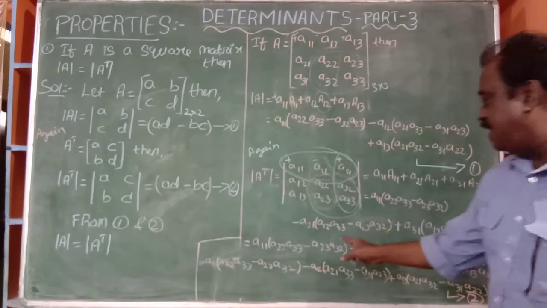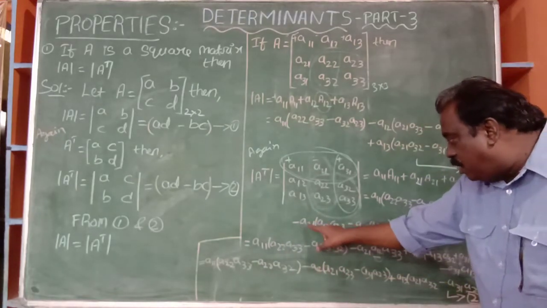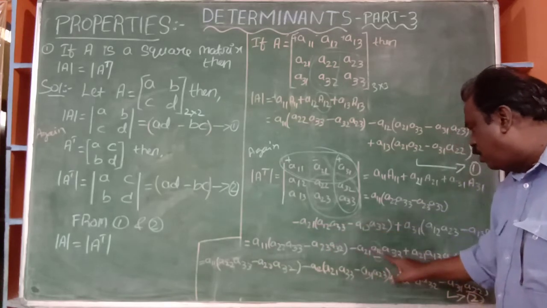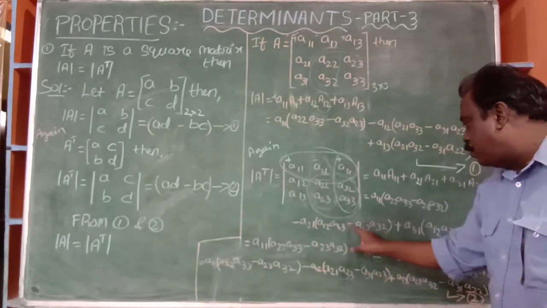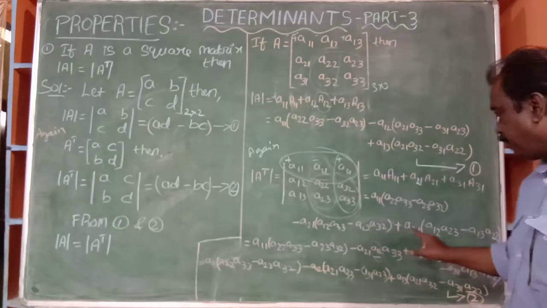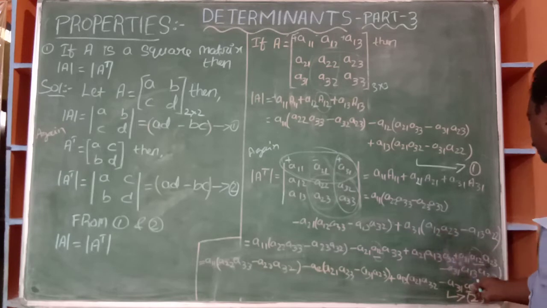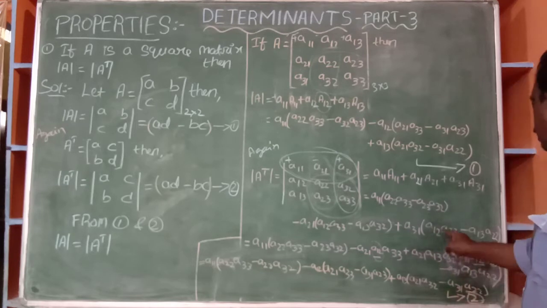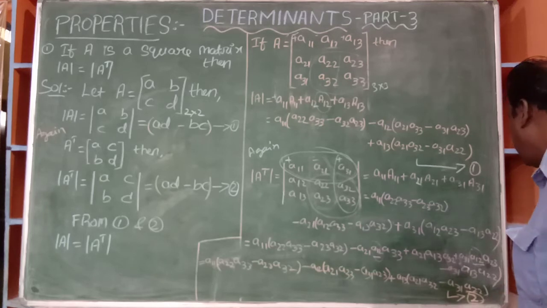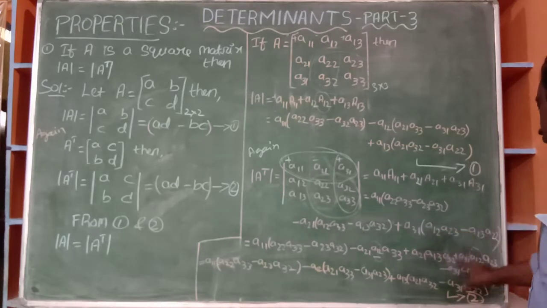The second one is expanded: a21 a12 a33, minus a21 a13 a32, plus a31 a12 a23, minus a31 a13 a22.